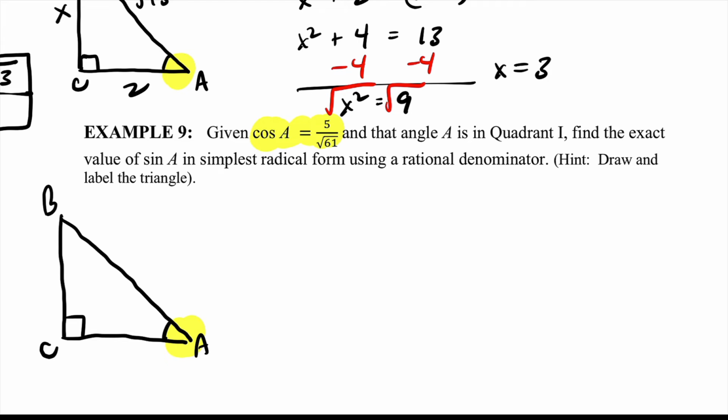Well, cosine is adjacent over hypotenuse. Adjacent to A is this guy right here, right next to it. The bottom is the hypotenuse, square root of 61. So we don't know this leg over here. We have to use those to find sine of A.